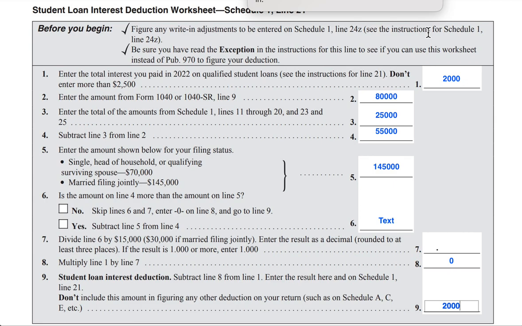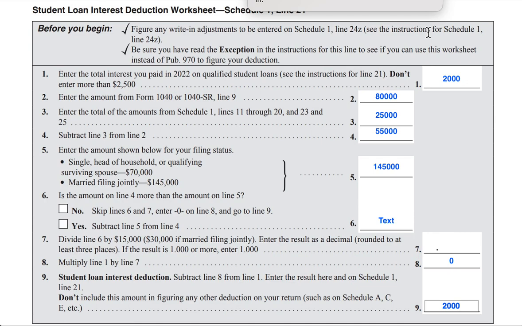Line 14, moving expenses for military or armed forces service personnel. Line 15, the deductible portion of the self-employment tax that you can calculate on Schedule SE. Line 16 is the self-employment retirement plans contributions.